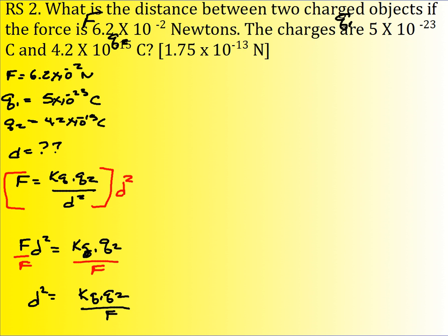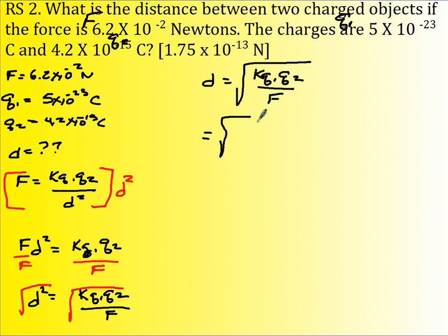Now in order to get D by itself, because D is squared, I need to square root both sides. So D is the square root of K Q1 Q2 divided by F. All right, now you plug in.